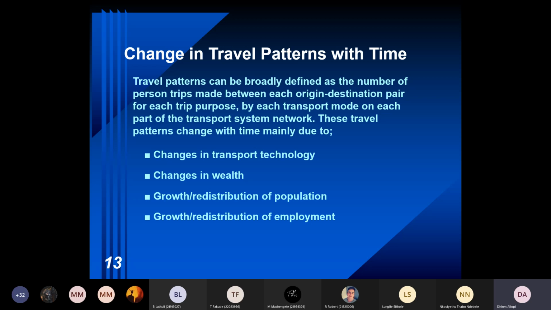And then other factors that have an impact on your travel patterns, like growth, redistribution of population, redistribution of employment. The moment there's an increase in population, one could link that to maybe an increase in car ownership, which will certainly then have an impact on your travel patterns. If we're looking at employment, take for example the Newlands Industrial or the River Horse Valley Industrial Complex.